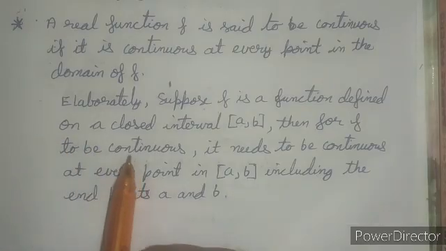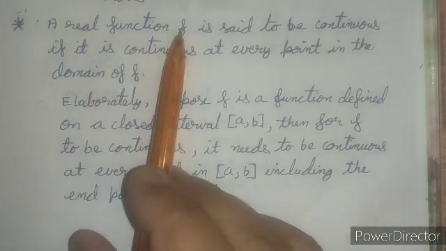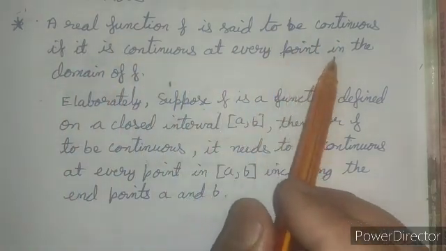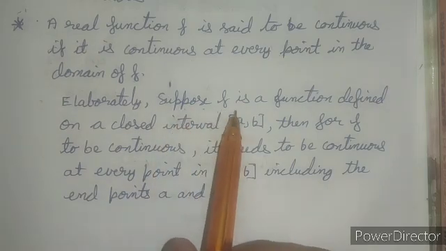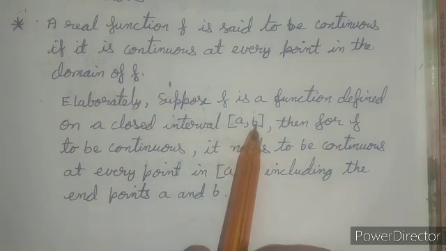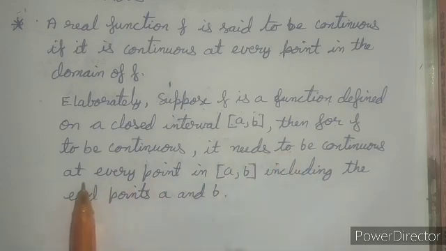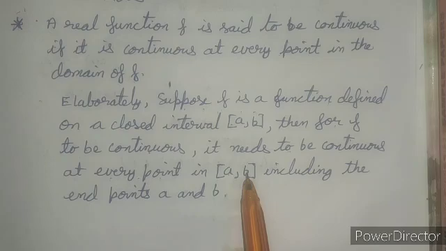Now in case of a closed interval, a real function f is said to be continuous if it is continuous at every point in the domain of f. Elaborately, suppose f is a function defined on a closed interval a to b, then for f to be continuous, it needs to be continuous at every point in the closed interval a b, including the endpoints a and b.